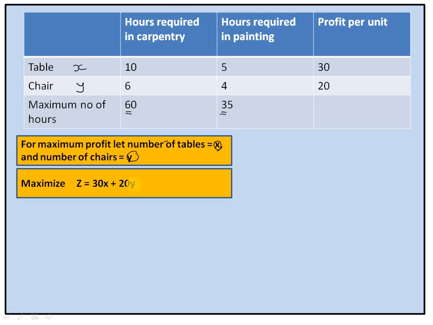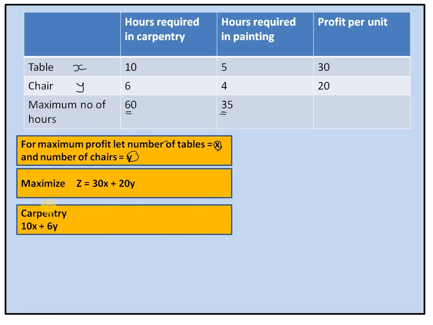चलो, अभी X टेबल बनाने के लिए मुझे कारपेंट्री में 10 into X hours काम करना पड़ेगा. And I have to work for 6 into Y hours in carpentry to make Y chairs. So to make X tables and Y chairs, how much work I have to do in carpentry?